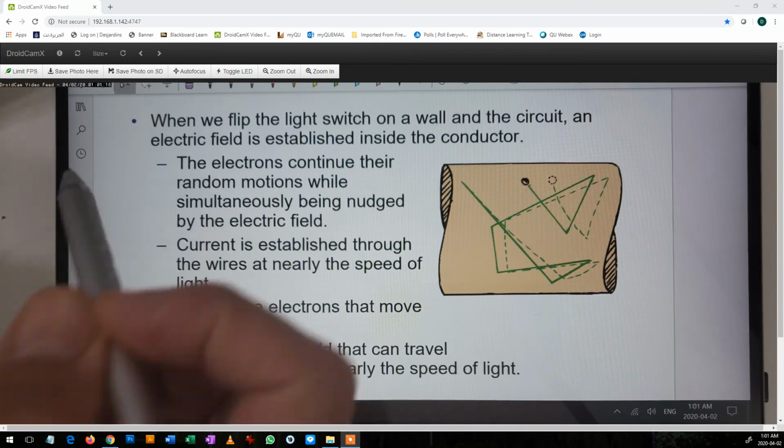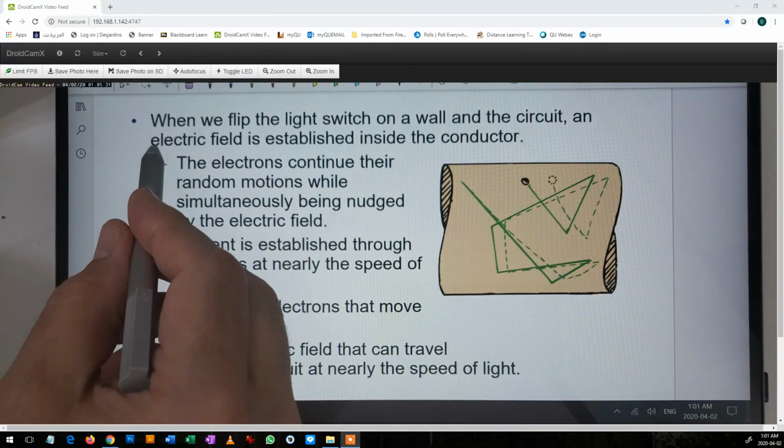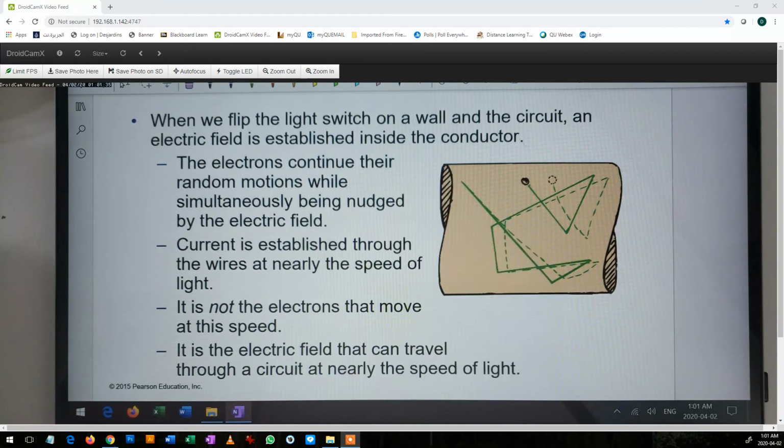Okay, now what will happen when we switch on the light, or switch off the light? The light is off, we switched on the light. What happens? An electric field is established inside the conductor. First we establish an electrical field.